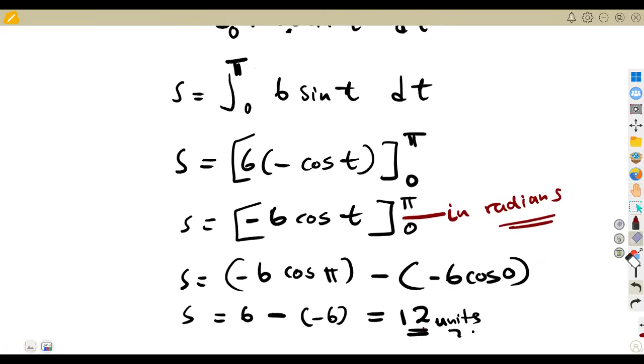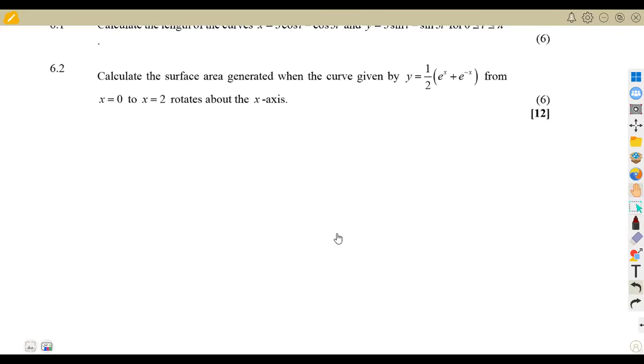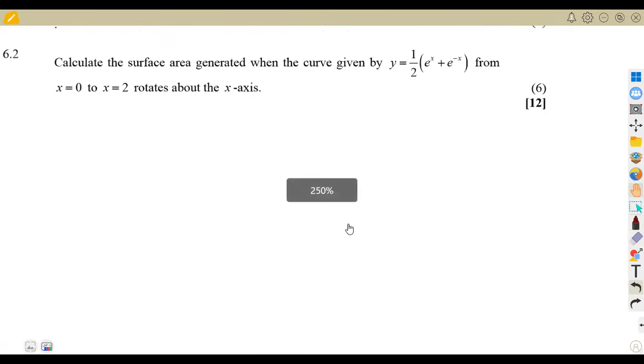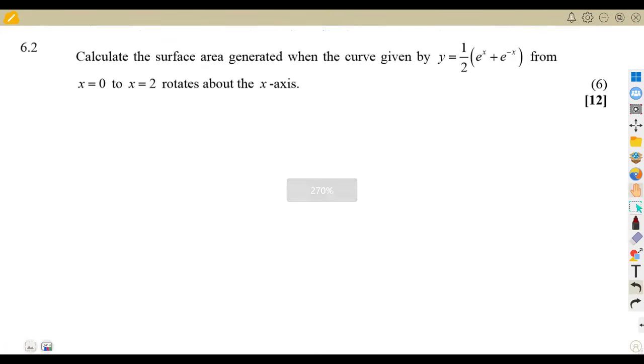All right, let us check the other question. It was on area, which is the surface area. Calculate the surface area generated by the curve. This is not parametric, it's just a normal equation. Our curve is given by y is equal to half of e to the x plus e to the minus x.